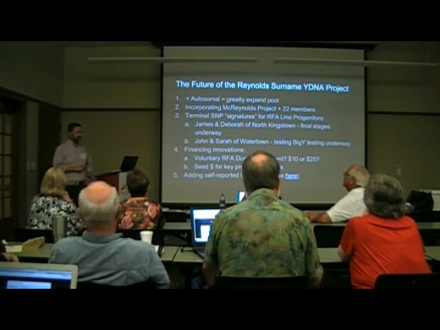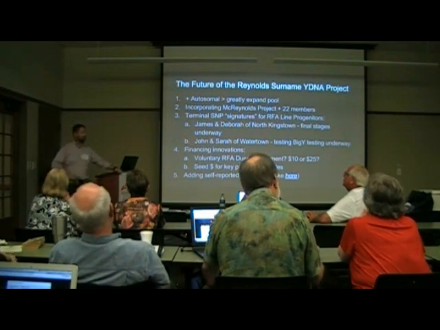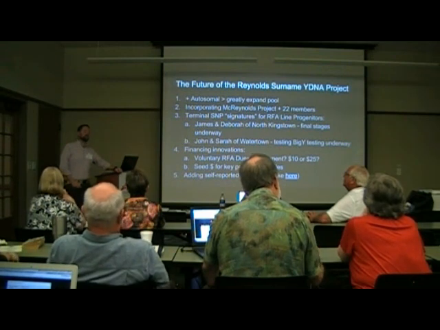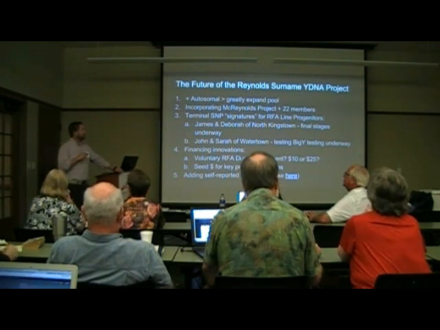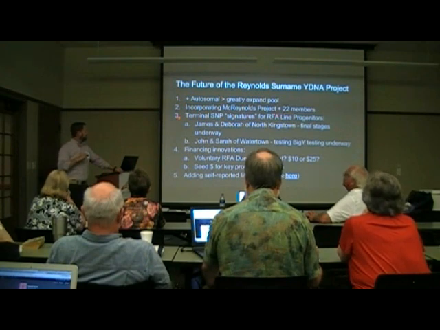It's not just Reynolds, McReynolds is in it too, I think, because the guy was trying to do it from a traditional genealogical standpoint, trying to do what you're doing with DNA, which is putting these all together in one context. So they will be joining our group.